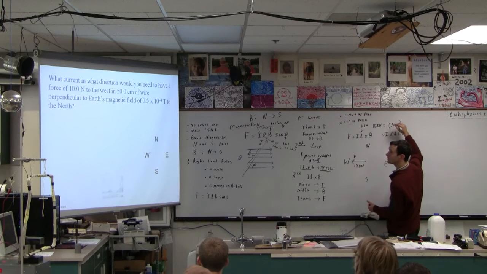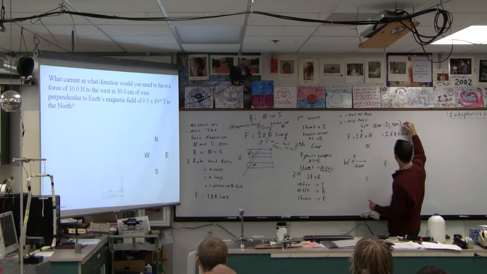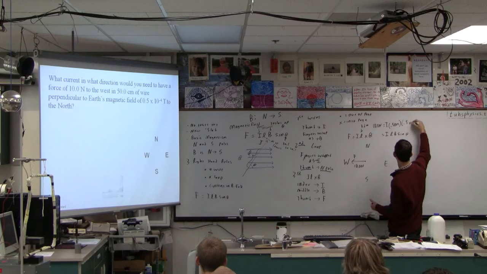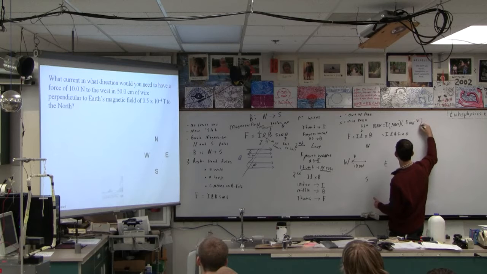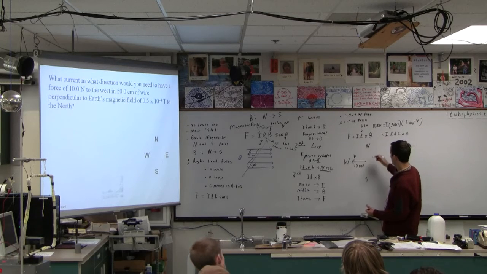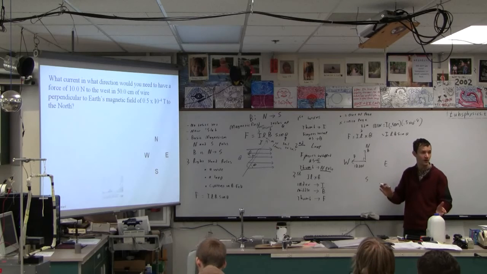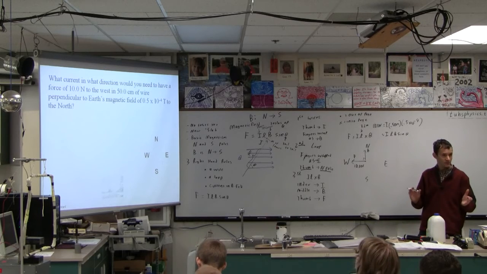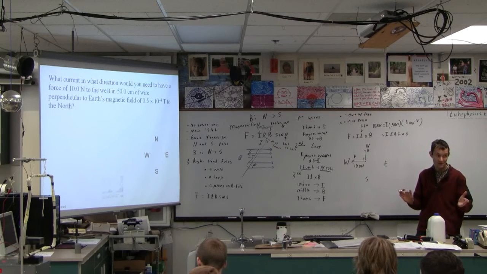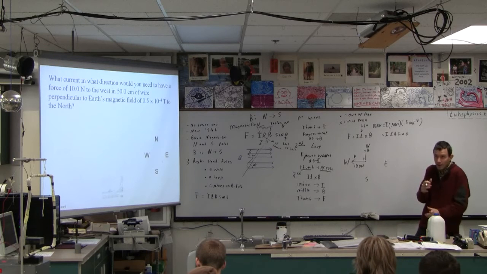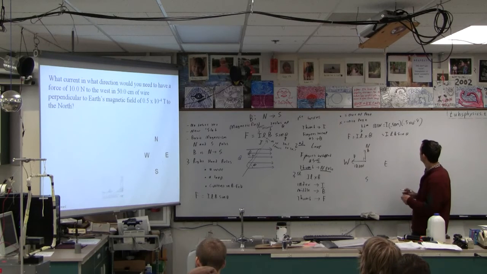So we need to know the current. And the magnetic field is 0.5 times 10 to the minus 4th. And what is the angle between north and west? 90 degrees. When they're perpendicular, sine of 90 is 1, if you're in degrees. If you're in radians, here we have it.